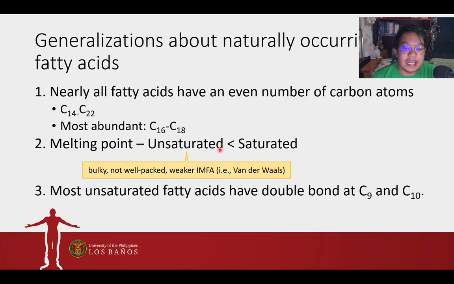So why is it less? Because of the double bond. The double bond has a shorter bond length and it makes the fatty acid bulky. Why does it become bulky? Because unlike the saturated ones, which can be packed well.